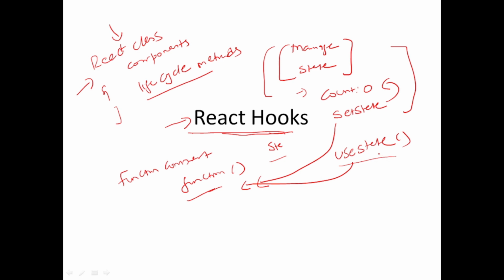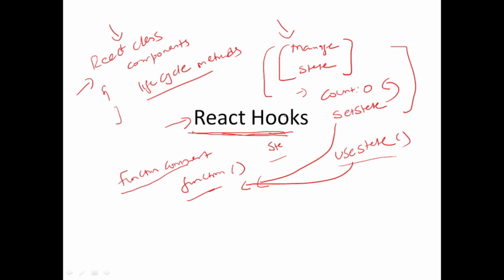So let me repeat it. What is a hook? See, in class components, we looked at how to manage state. The same way, if we are interested in managing state inside a functional component wherein we use functions, we need some special functions to do that.